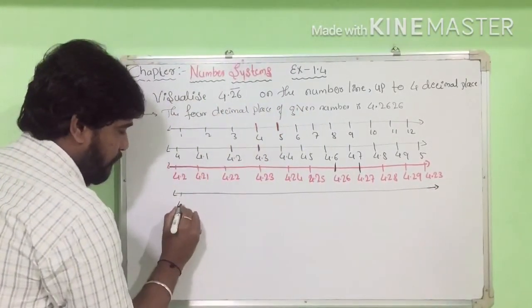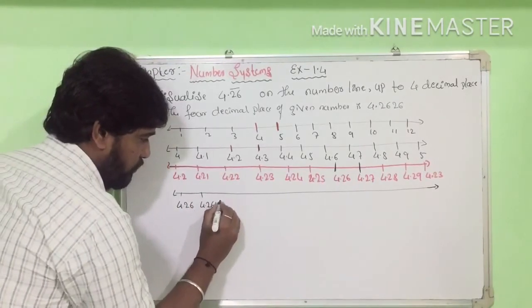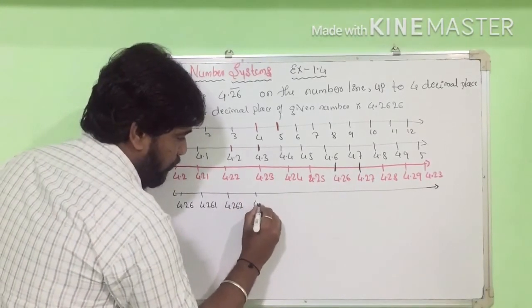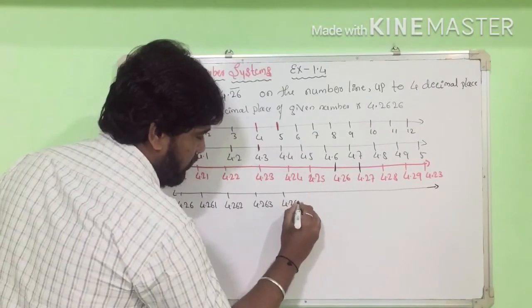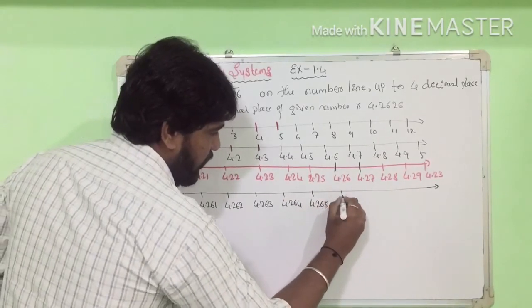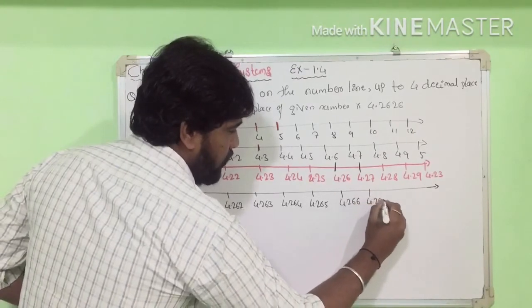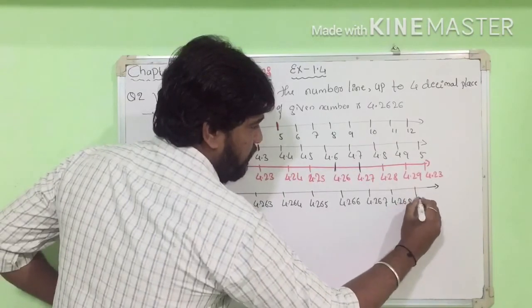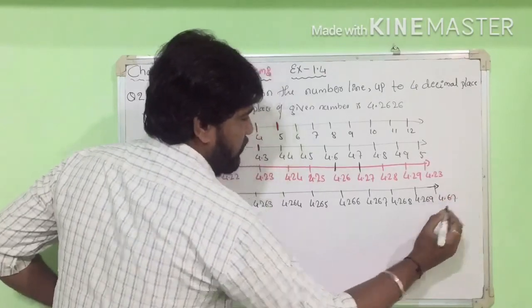So here 4.26, 4.261, 4.262, 4.263, 4.264, 4.265, 4.266, 4.267, 4.268, 4.269, 4.27, right?